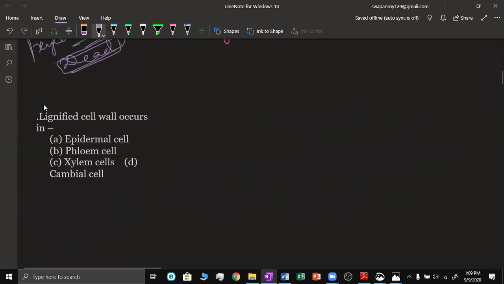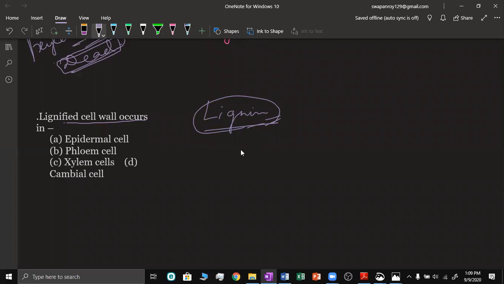Next question is, lignified cell wall occurs in which of these? Lignin is a cell wall component which is present in some types of cells.